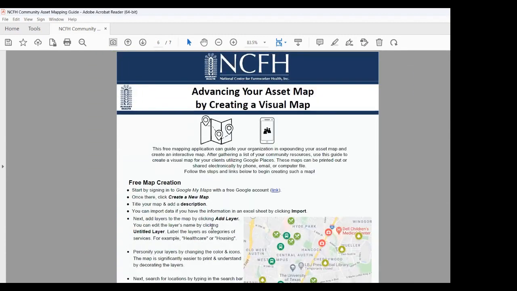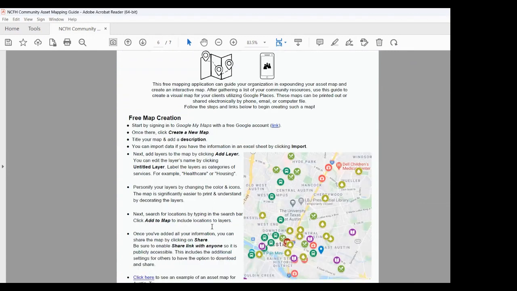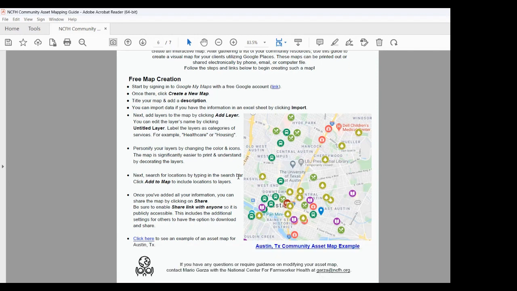Apparently, and I've not tried it, you should be able to then create a Google map, and it would map them onto Google Maps if you put the actual addresses in. So you could then share that information or find a localized area for someone specific. You could have that information with you on Google.